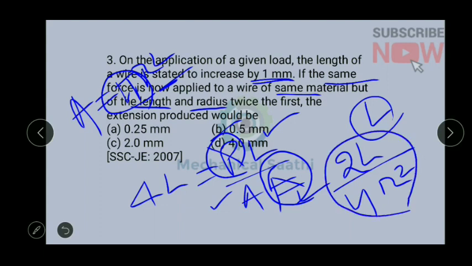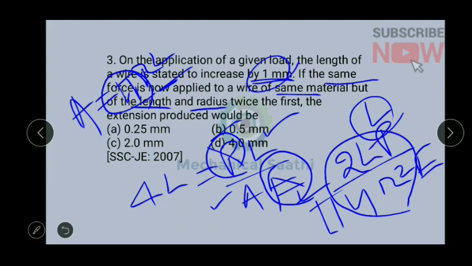So from here we will calculate del L by putting in those constant values, P is constant and E is constant. Previously PL by AE, by replacing A with pi r square, so PL divided by pi r square E, was 1 mm.